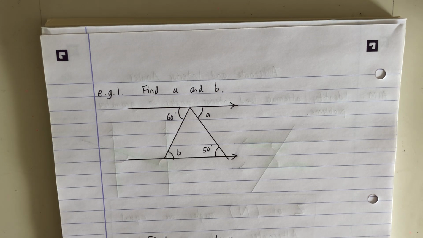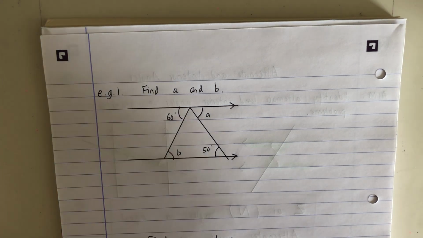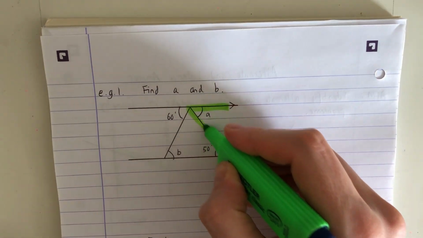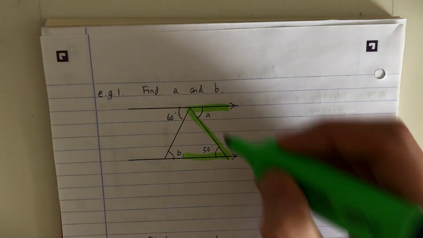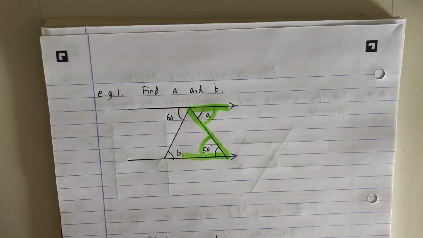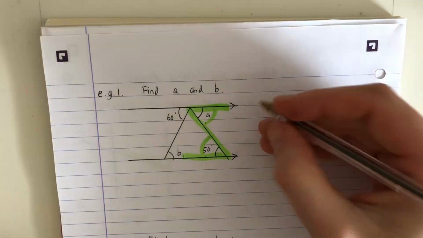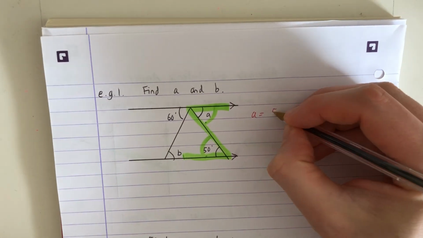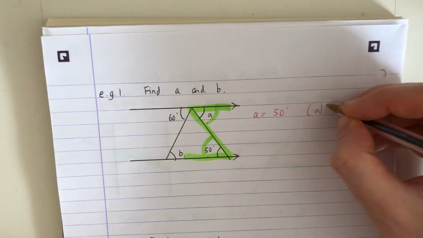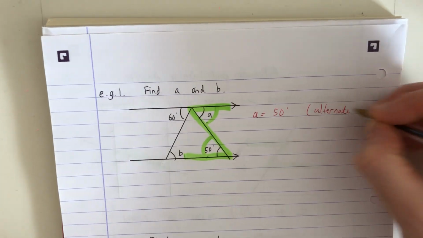See if you can spot the Z shape or the U shape for this one. Right, it is a Z shape. That angle is the same as that angle. So A is equal to 50 degrees, and that's alternate angles.